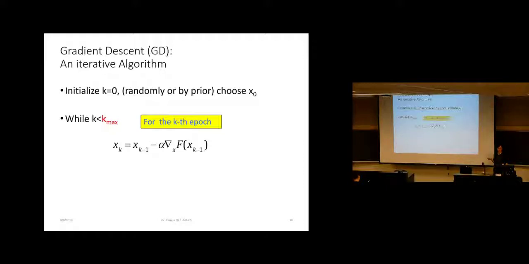Alpha is called the learning rate. If you think about it, how much I change, the direction and size of the move on x_{k-1}, is controlled by both the size of the gradient and the size of alpha.